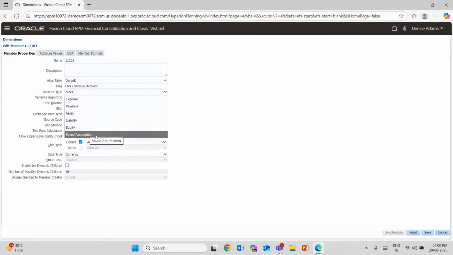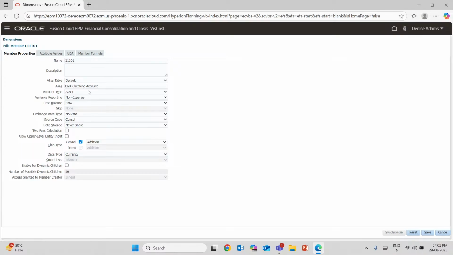So if we are creating an account for which we do not have data in currency format, for example head count or number of people, then we can take saved assumption as the account type.